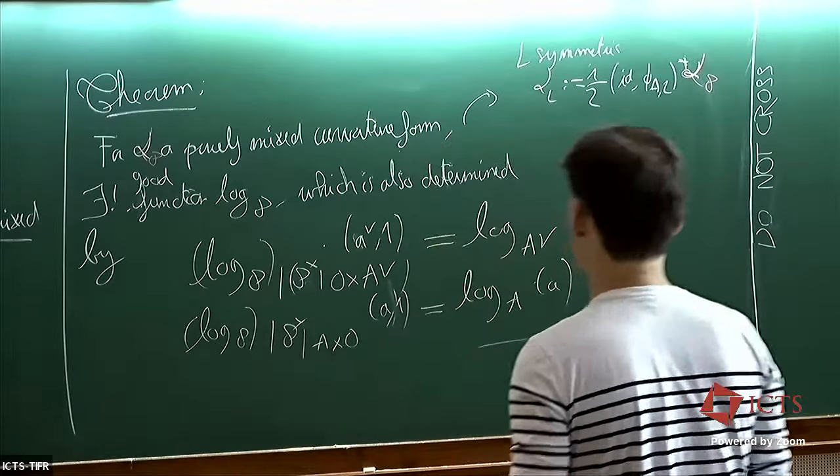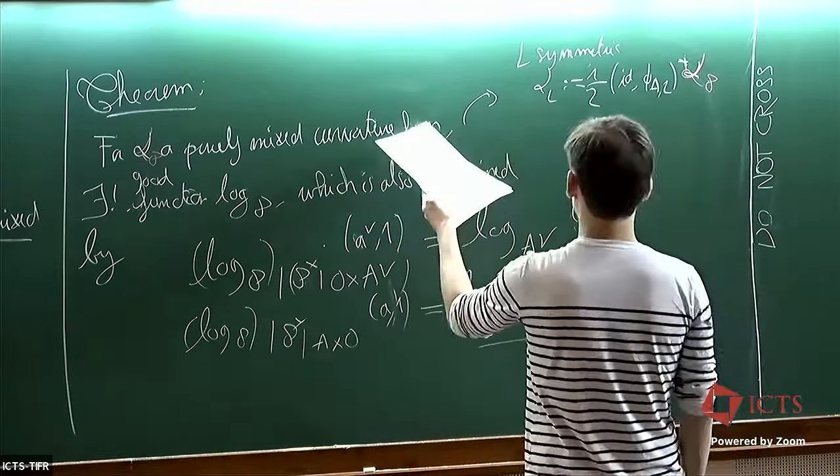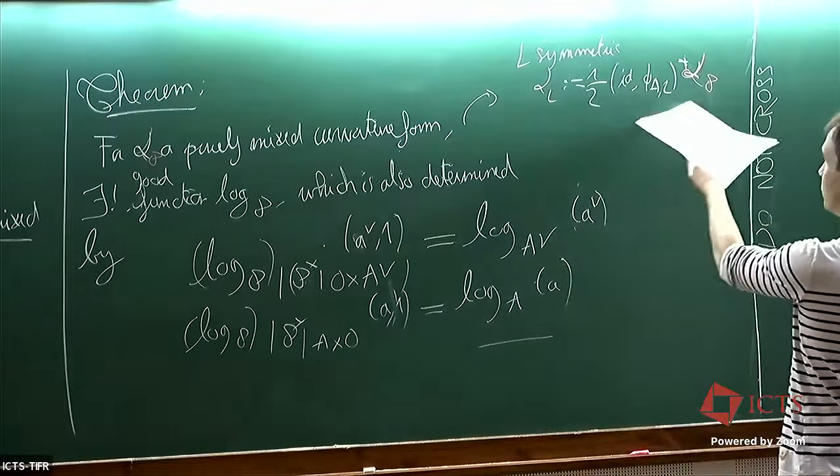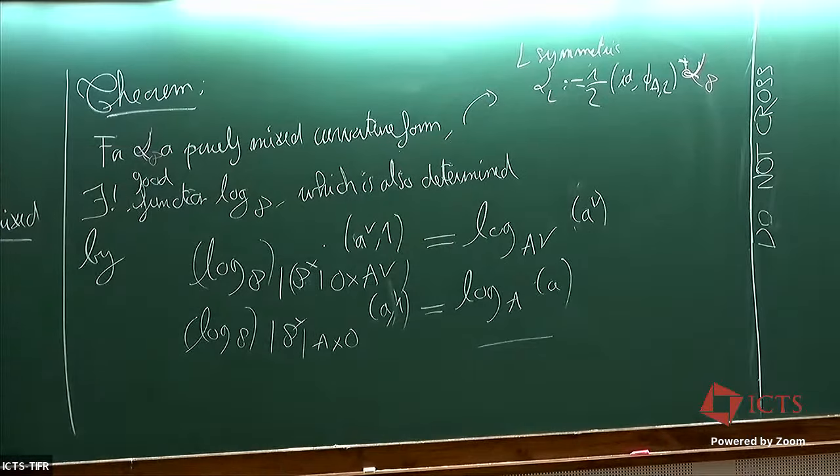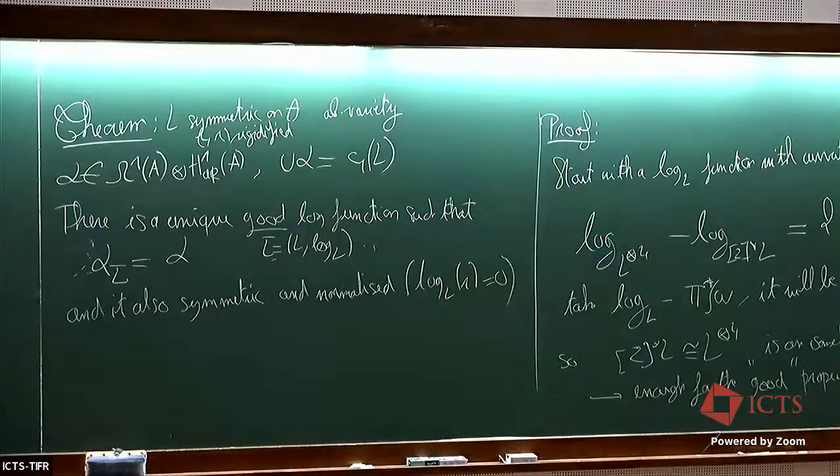Choose one purely mixed curvature form for the Poincare bundle, and then you can define curvature forms for every symmetric line bundle. And once you have defined this, there is a unique way to define a good log function. So now it's as canonical as it gets.